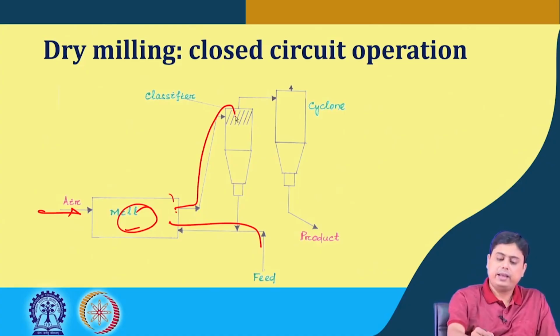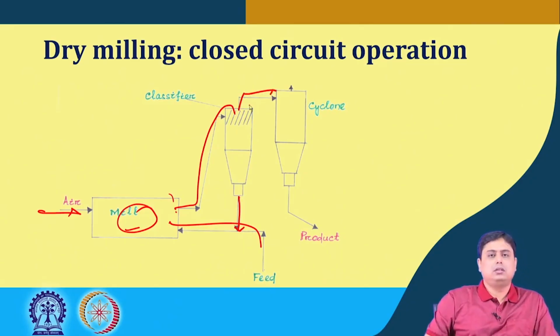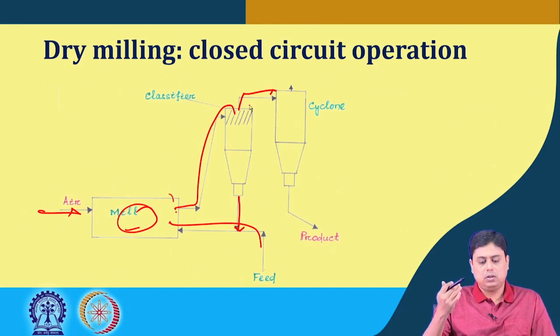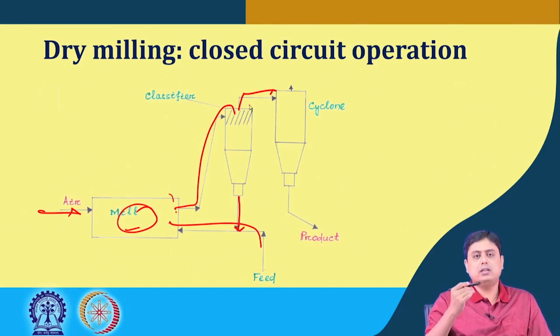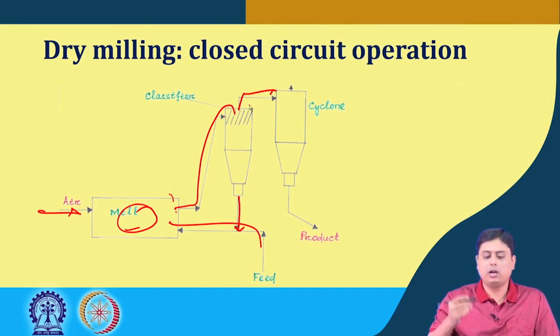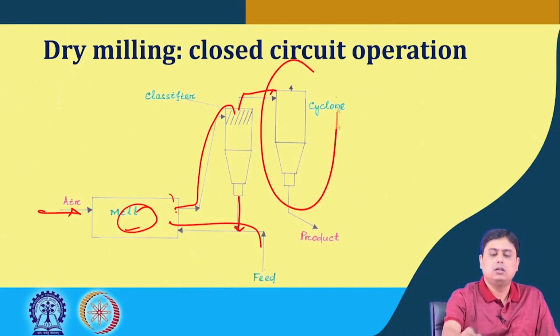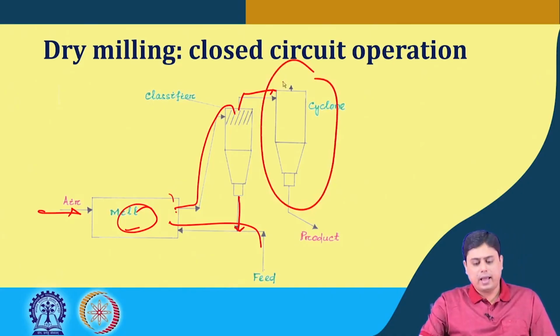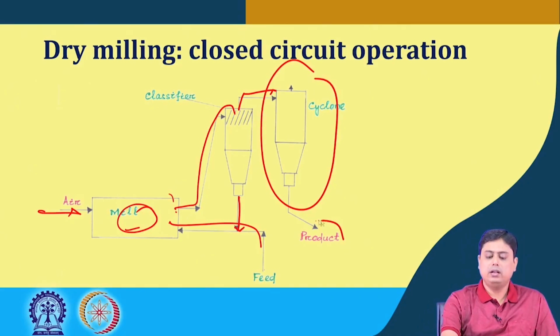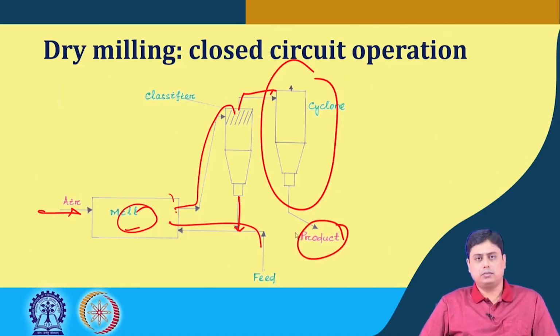where in the classifier we again have the oversized material that comes and mixes with the feed once again, and the finer products, the desired size or smaller products, are classified in a gas cyclone, where we get the desired product.